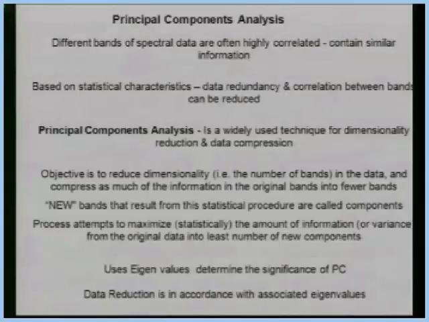The process attempts to statistically maximize the amount of information, or in other terms the variance, from the original data into the least number of new components. This maximization is based on eigenvalues, which determine the significance of the principal components, and the data reduction happens in accordance with the associated eigenvalues.